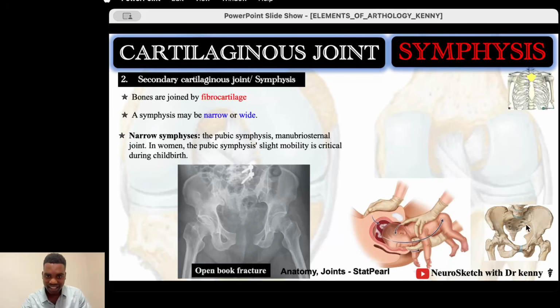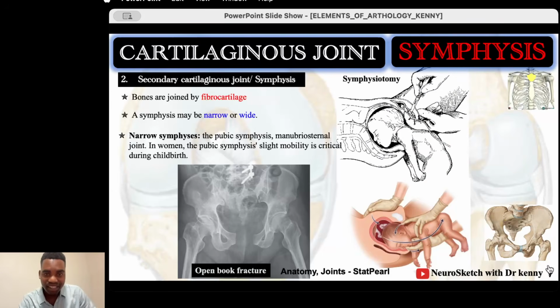So previously they used to cut along the pubic symphysis to release it, so that the pubic bones could split away to increase the diameter of the birth canal, and so that the baby can be delivered without trouble.